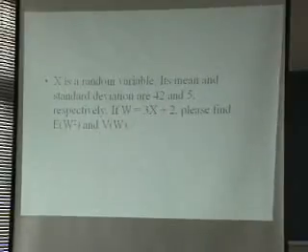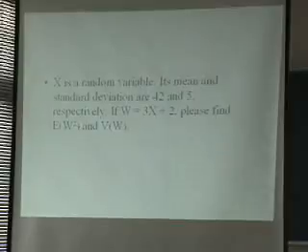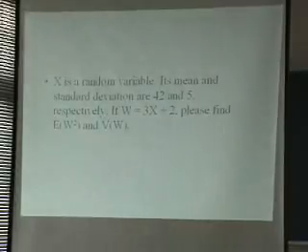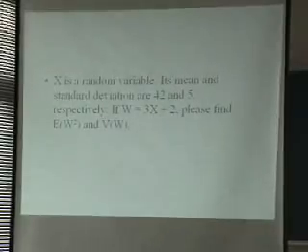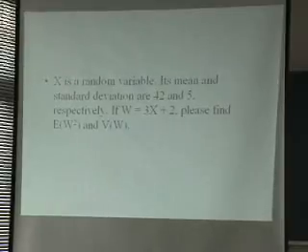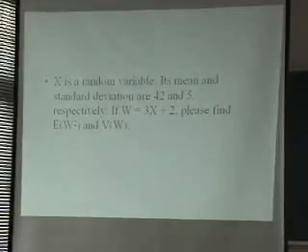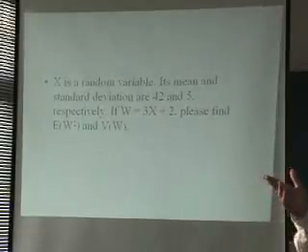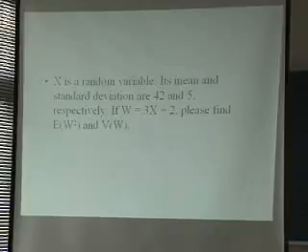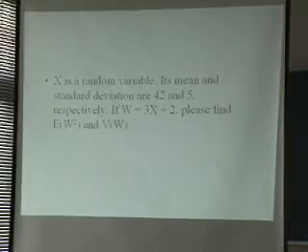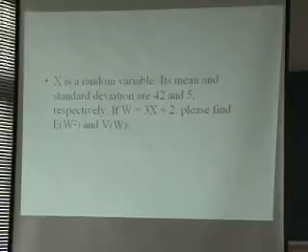So x is a random variable. Its mean is 42, standard deviation 5. If W is equal to 3x plus 2, please find expectation of W squared and variance of W. Basically all the same, right? So I'll give you 20 seconds to take down this question, and then we will turn to the answer. 10 seconds.